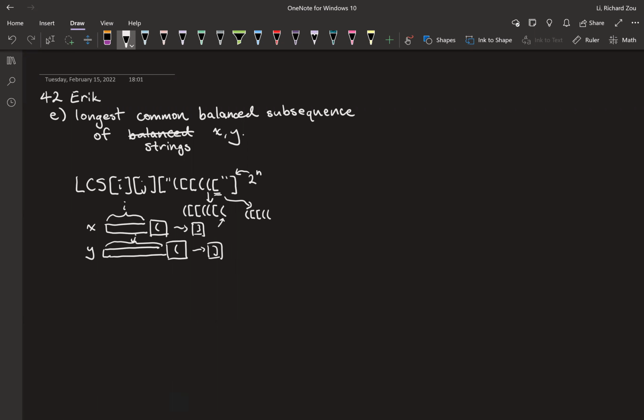For F, it might actually be a bit simpler, because you might be able to adapt the longest palindrome algorithm that you learned in class into this, using the same ideas of keeping some state here. But unfortunately, I'm not exactly sure if this would 100% work or not. That's just my initial thoughts here.